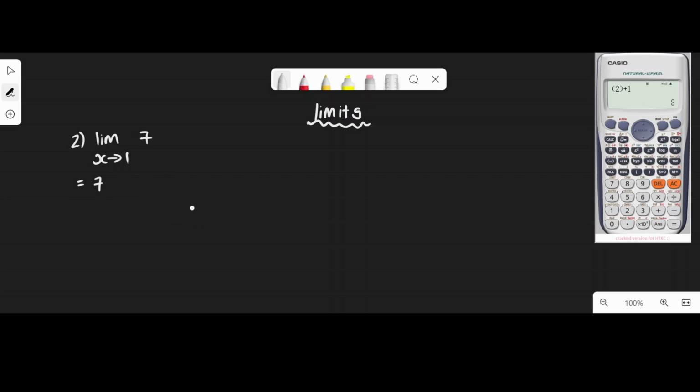For instance, if they give us the limit when x approaches 10 of a, our limit here is going to be equal to that value, which is a. The reason is that we cannot substitute x in a constant. There isn't an x in front of it. So it's just going to be that number.